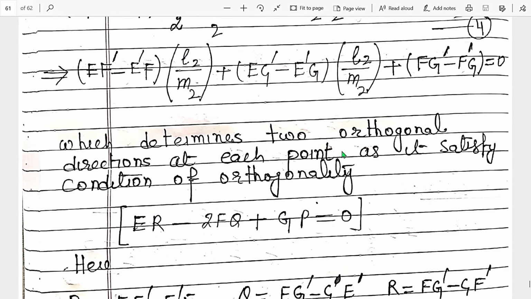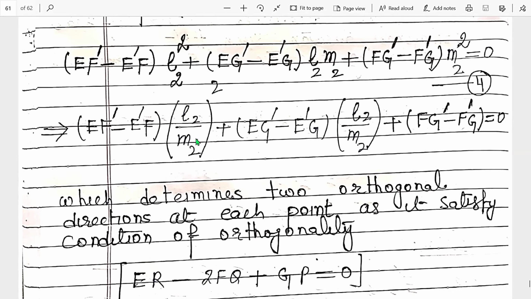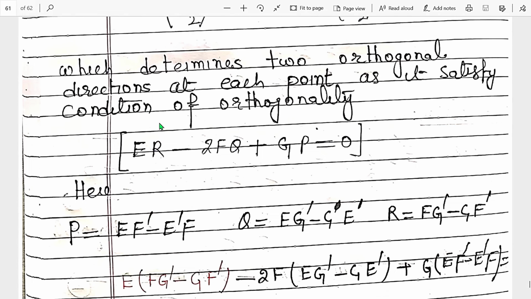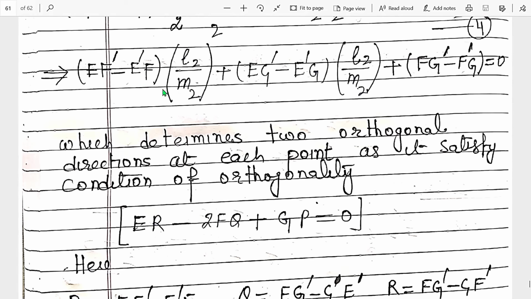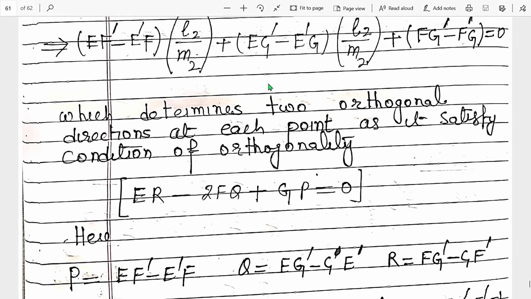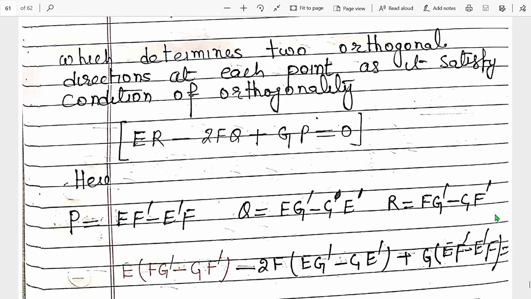Now, what is the condition of orthogonality? We already discussed that the condition of orthogonality is ER minus 2FQ plus GP equal to 0. Now here, what is P? This is P, this is Q, and this is R. By comparing, P is this, Q is this, R is this.